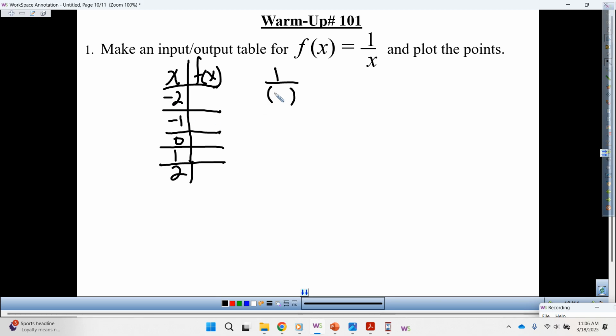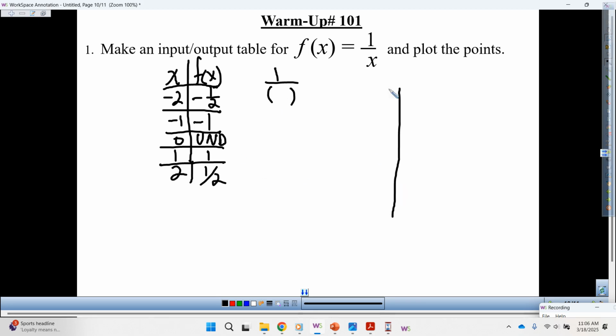So if I substitute -2 there, then that becomes -1/2. If I substitute -1 here, 1 over -1 is -1. 0, there's no such thing as 0 on the denominator. That's why we write undefined or UND. 1 goes there, so that's 1 over 1 is still 1. 2 goes there, and that is 1/2.